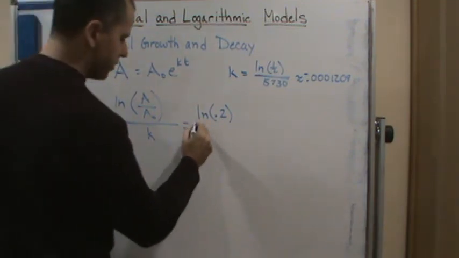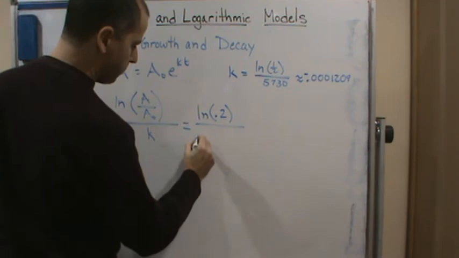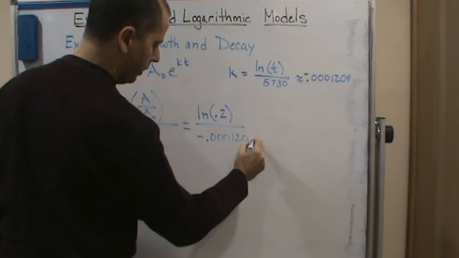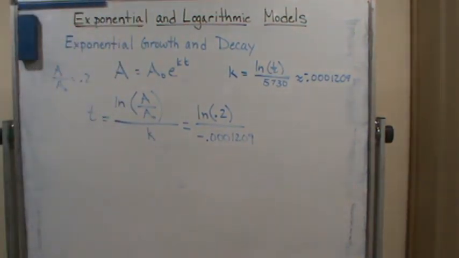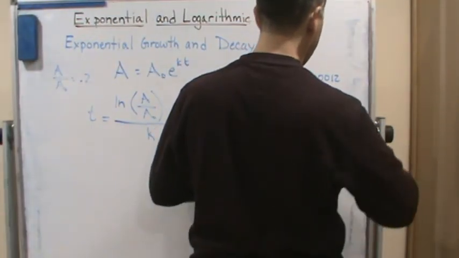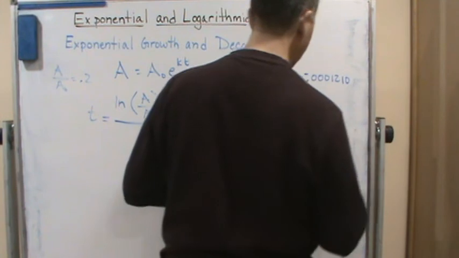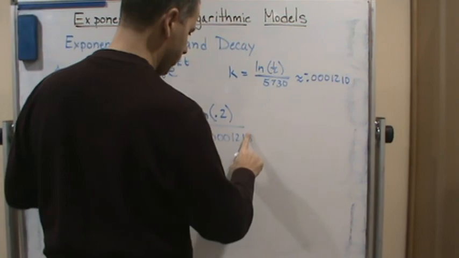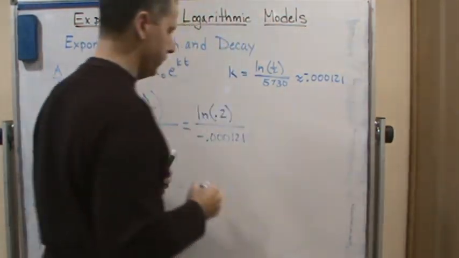And so now we're going to just divide by the constant, which is approximately negative 0.000121. Okay, so this should be rounded, so we can drop the last digit.